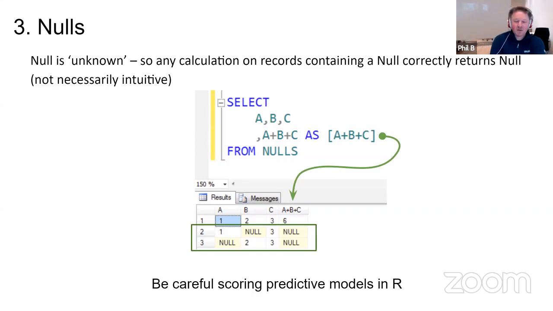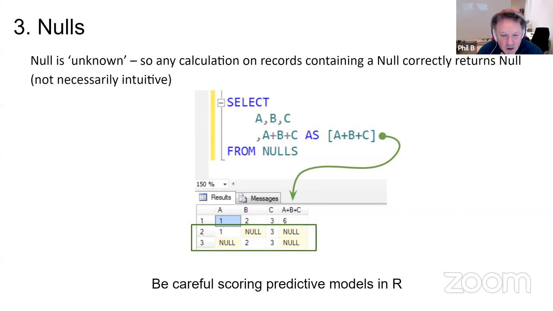Now, I first fell victim to this when I was building a predictive model. My data set was all nice and clean. There were no missing values, and I got a prediction for everything. Then when you productionize it, some values suddenly weren't there.